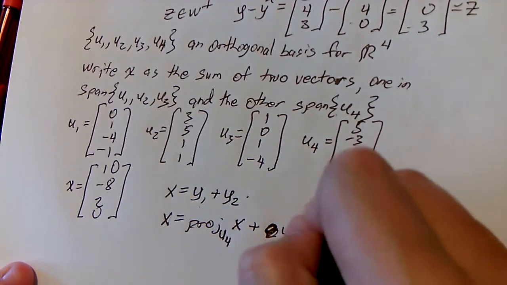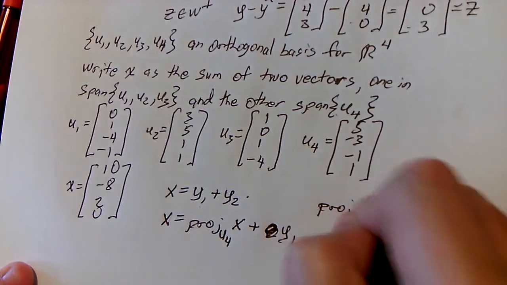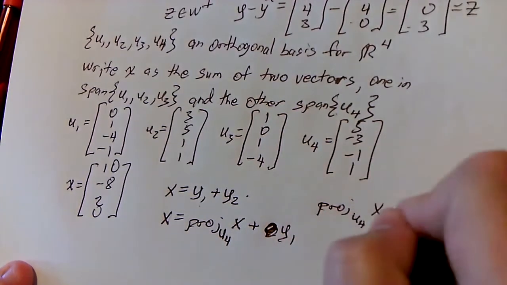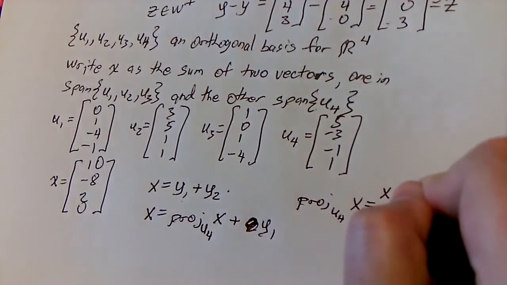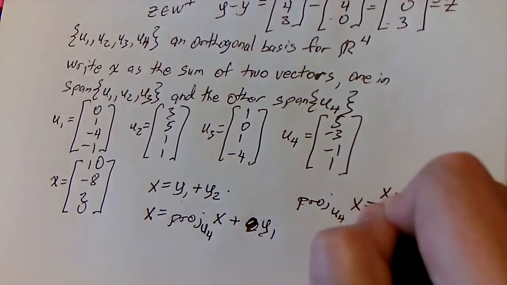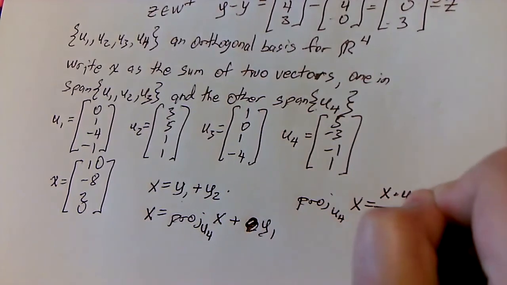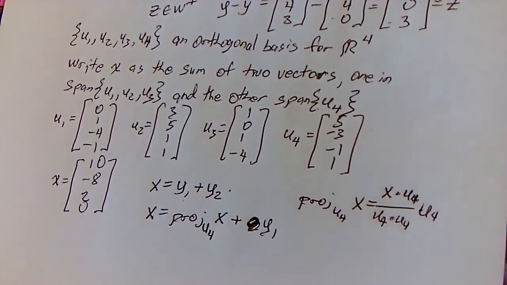So the projection of x onto U4 is going to be x dot U4 over U4 dot U4 times U4.